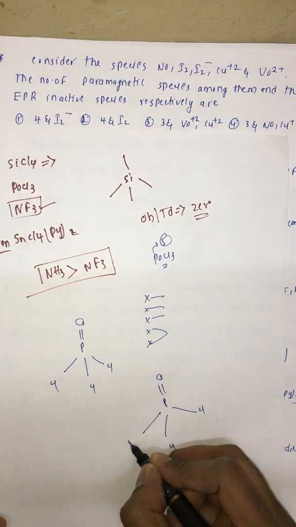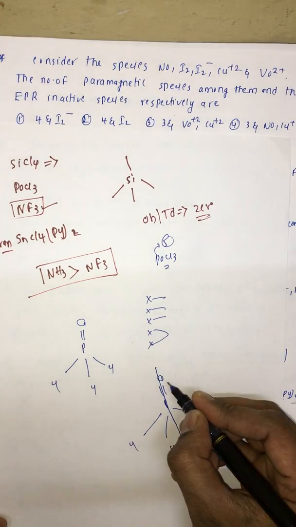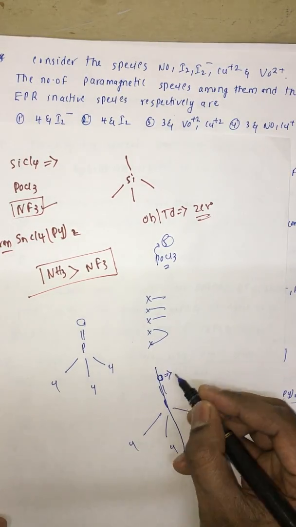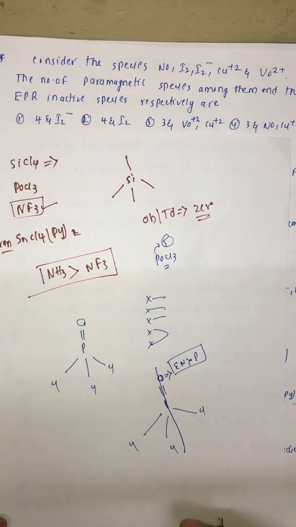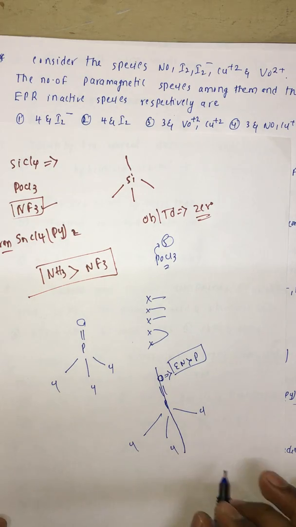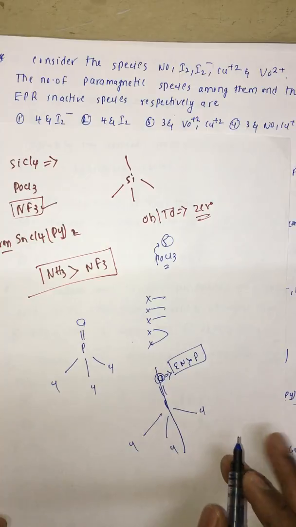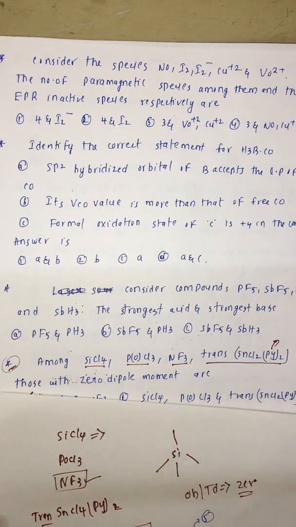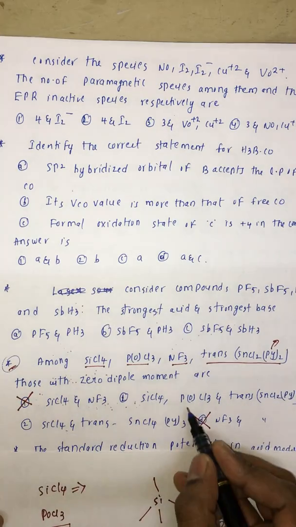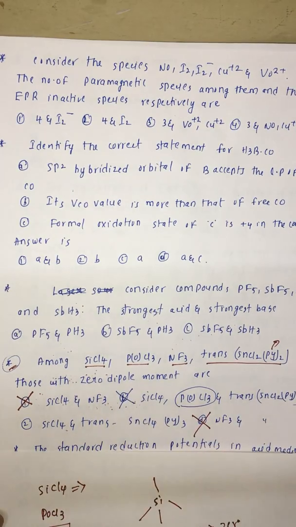When we pass a plane like this, we can see the oxygen is there. Oxygen electronegativity is greater than phosphorus, and this POCl3 shows dipole moment because oxygen is more electronegative compared to phosphorus. Because of that reason this shows dipole moment, so we can neglect this answer also, and finally we are left with this answer.